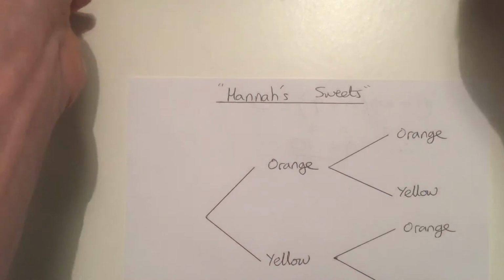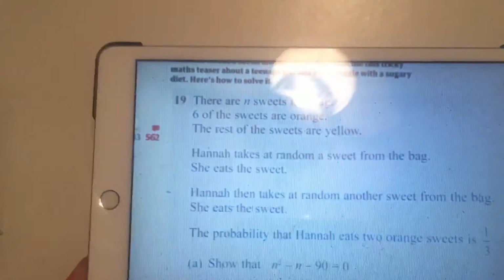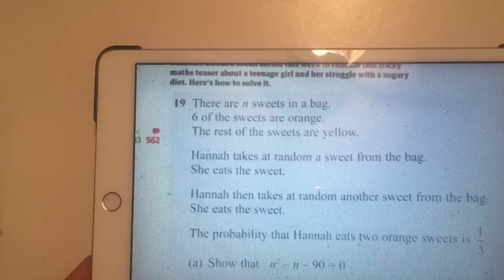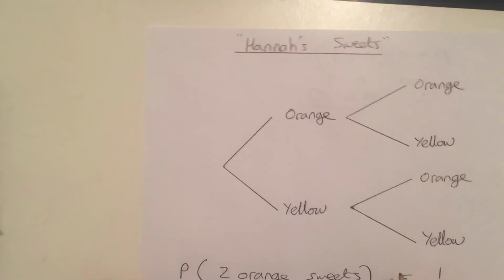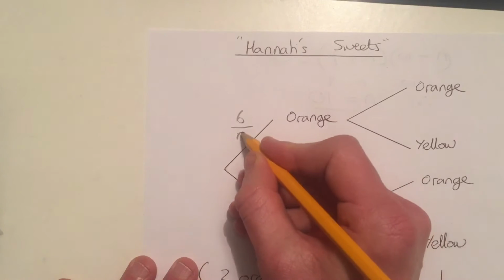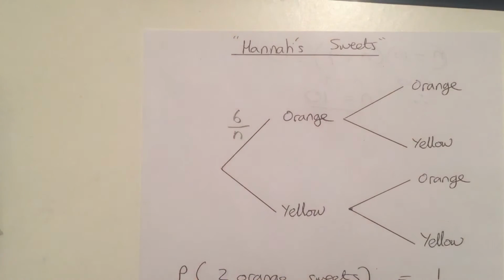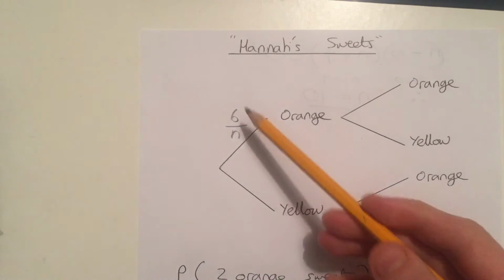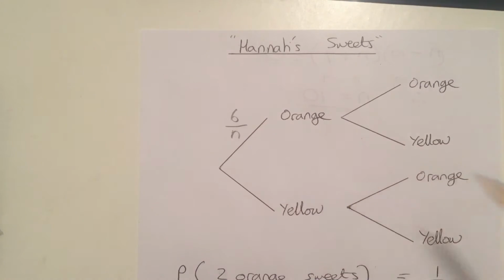Now, it told me that there were n sweets in total, and 6 of them were orange. So that means the probability of the first sweet being orange will be 6 out of n, however many sweets that were orange out of the total.